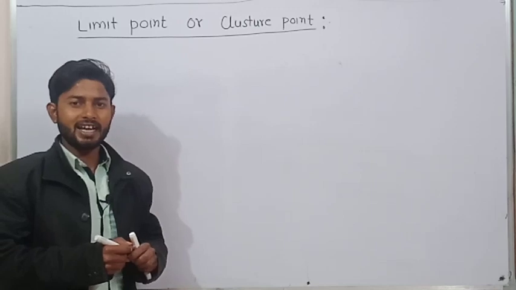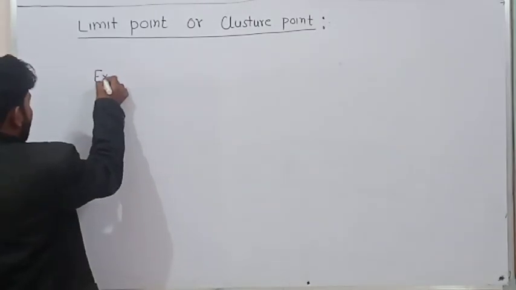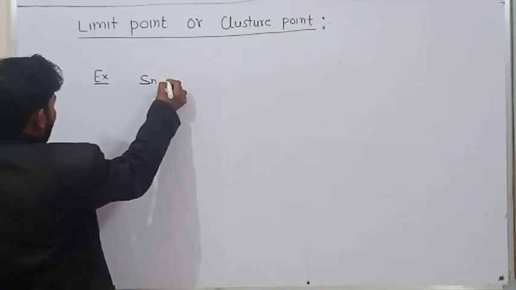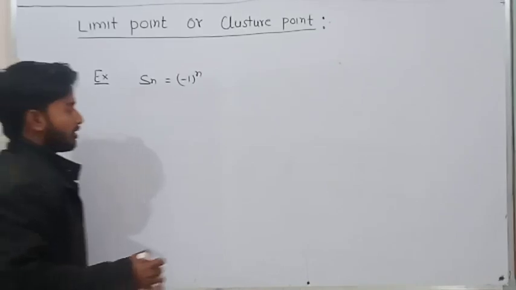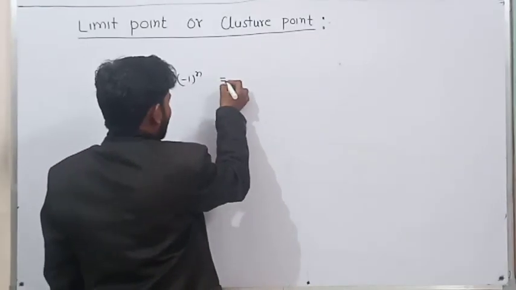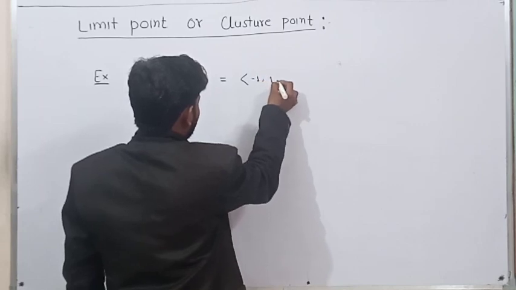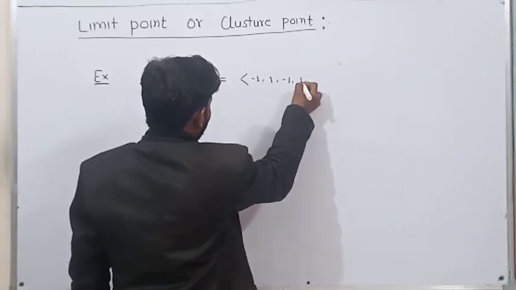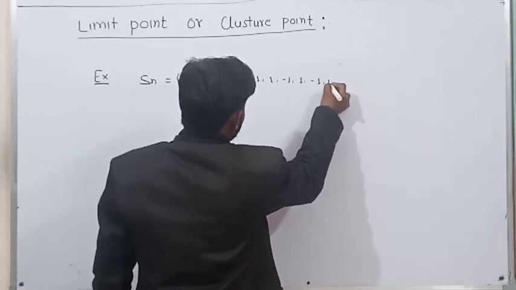Now let us take an example: Sn equals minus 1 to the power n. If we expand this, it becomes minus 1, 1, minus 1, 1, minus 1, 1, and so on.